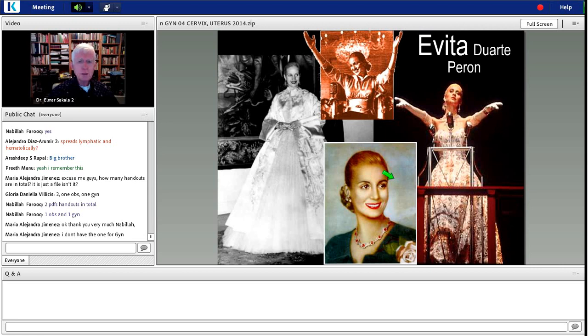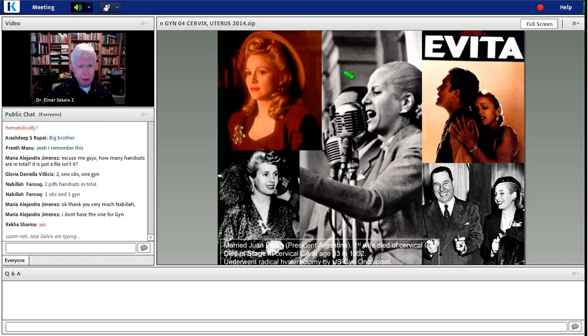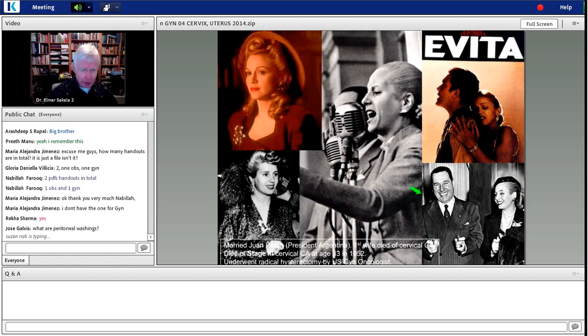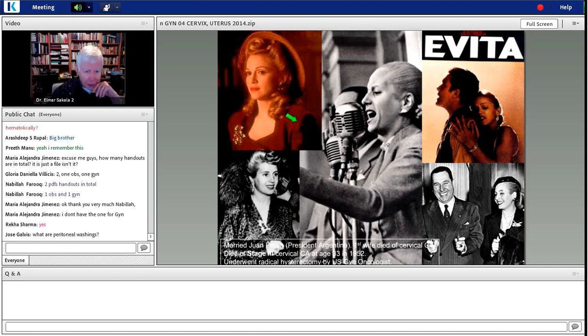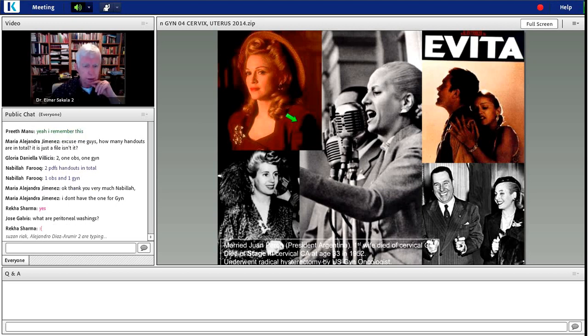This is Evita Duarte Perón. This is actually Madonna, I believe, here. Evita was the wife of Juan Perón, who was the president of Argentina. What's interesting is that Evita died at age 33 of invasive cervical cancer, stage 3.